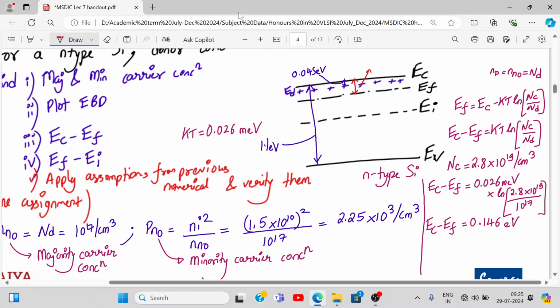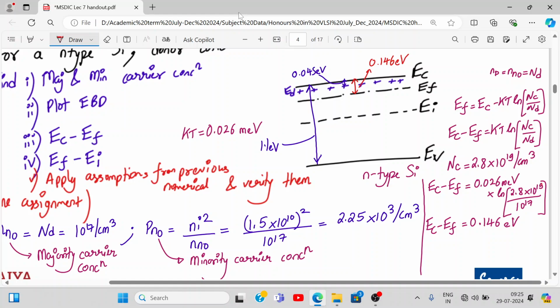What is that number? Go get the calculator. Natural log of 2.8 into 10 raised to 19 divided by 10 raised to 17. So this number is 0.146 electron volt.